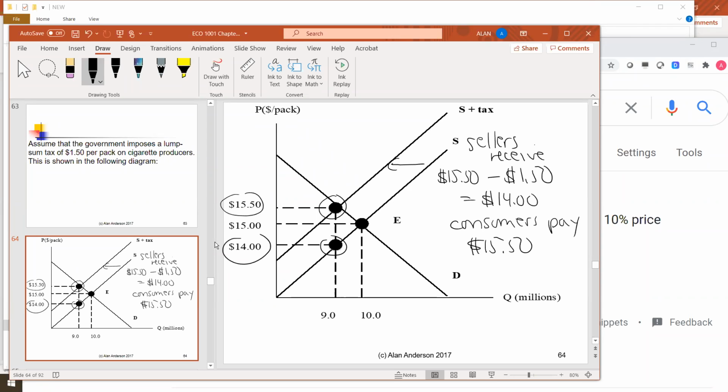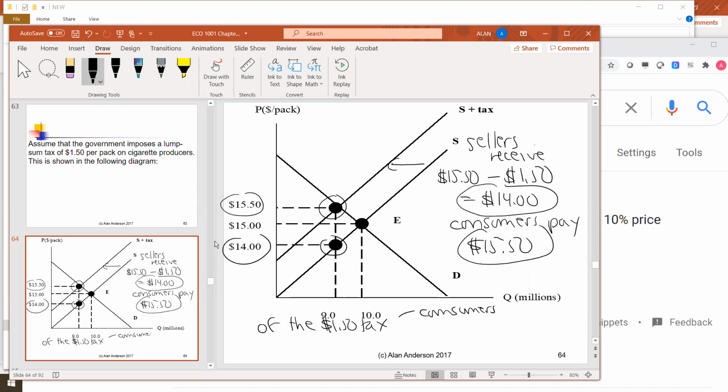So you can see altogether, the sellers are receiving $1 less. The consumers are paying 50 cents more. So that means that of the $1.50 tax, consumers pay 50 cents. Producers pay $1.